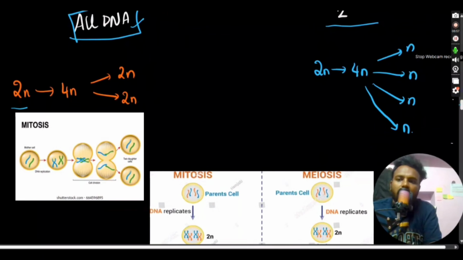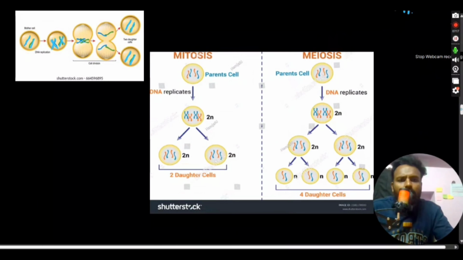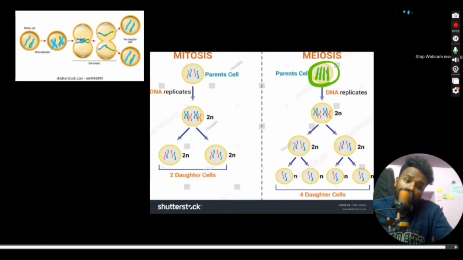So we can see that 2N becomes 4N, then it will be converted into 2N and 2N, right? In meiosis, just see here, the parent will be giving us half the DNA. The parent will have 46 chromosomes, I mean 23 from the mother and 23 from the father.